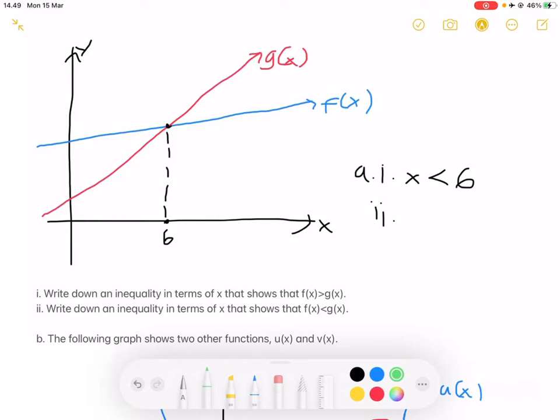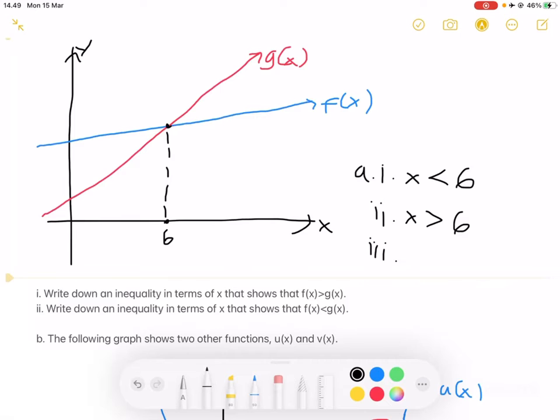And as you can see, it is in these regions, and it goes towards infinity. And since it is on the right side of x equals 6, the right inequality will be x is greater than 6.